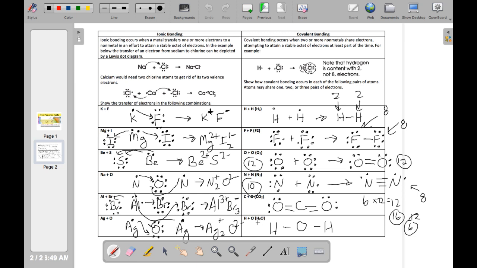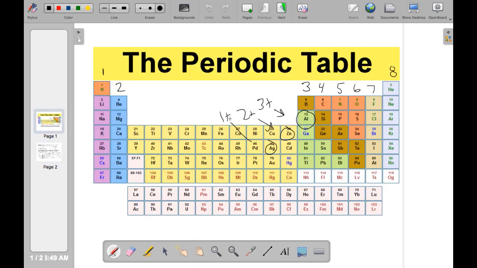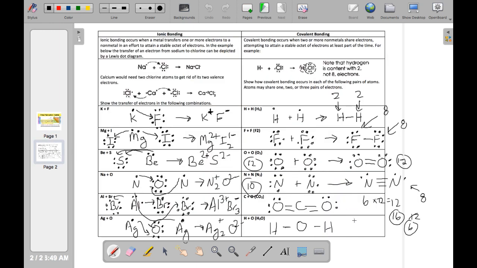So this oxygen right here actually started out with 6 valence electrons, and the hydrogens had 2. So we should have 8 valence electrons total. So we have 1, 2, 3, 4. So now we're going to have to draw 5, 6, 7, 8.